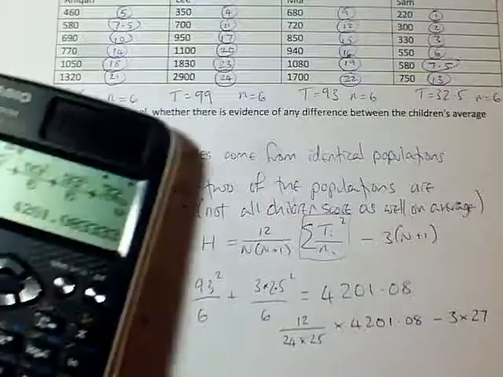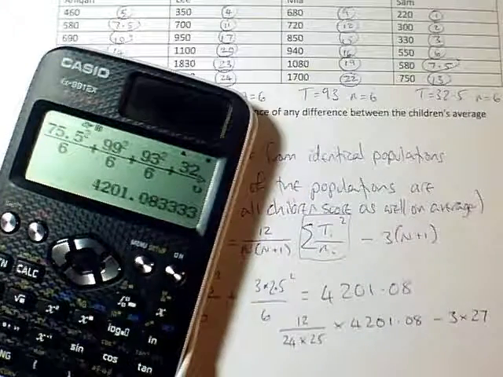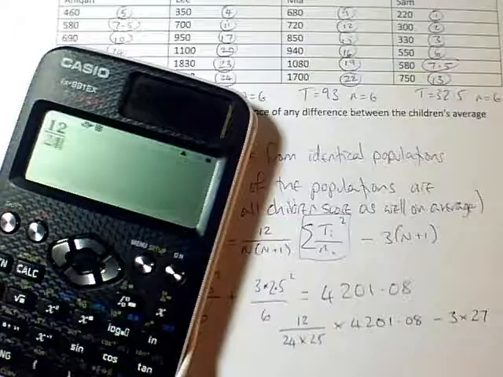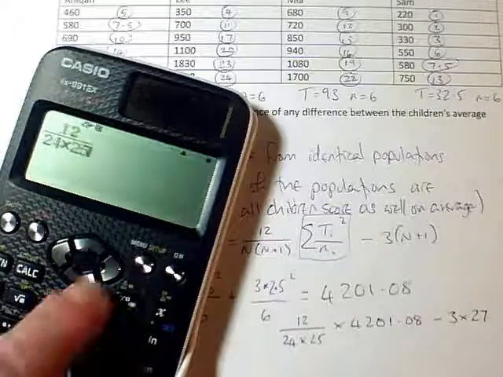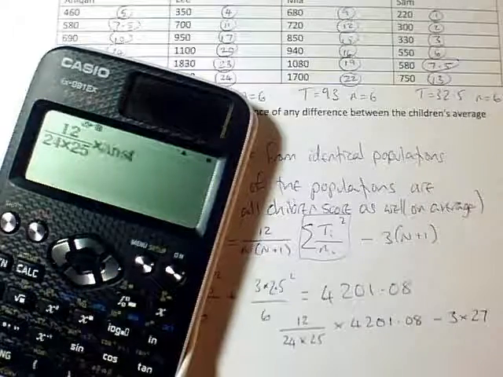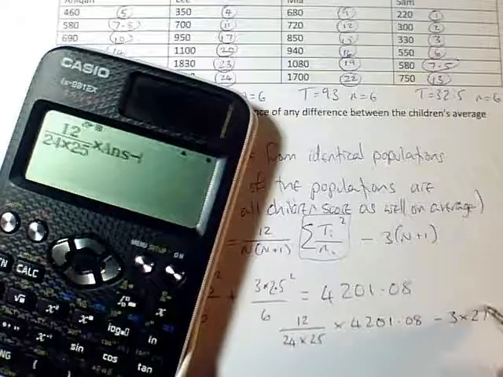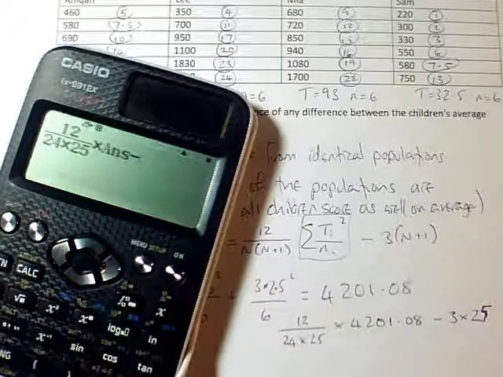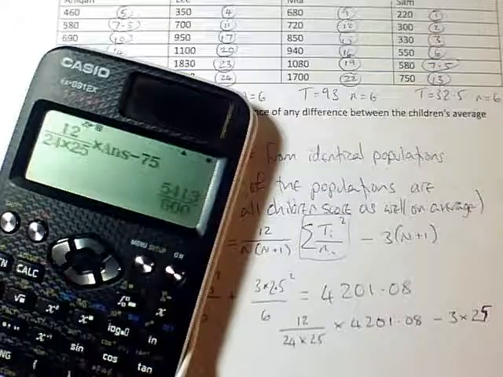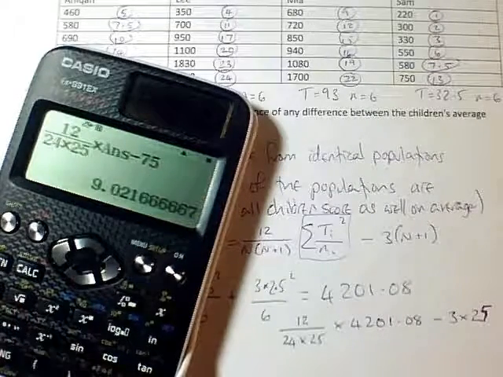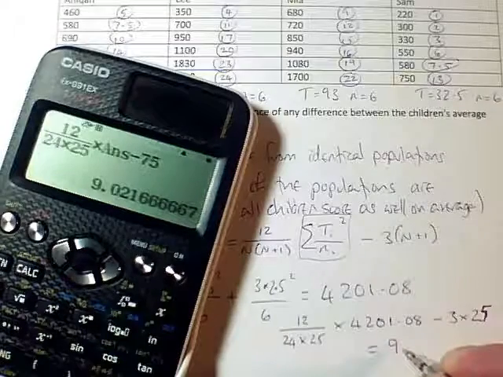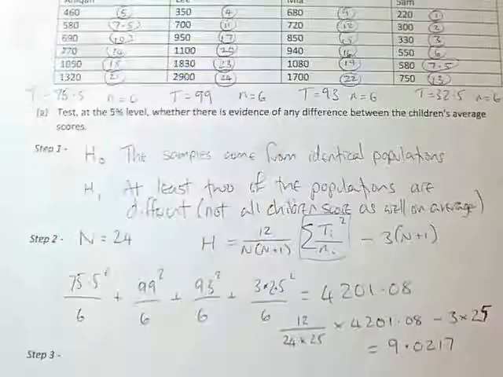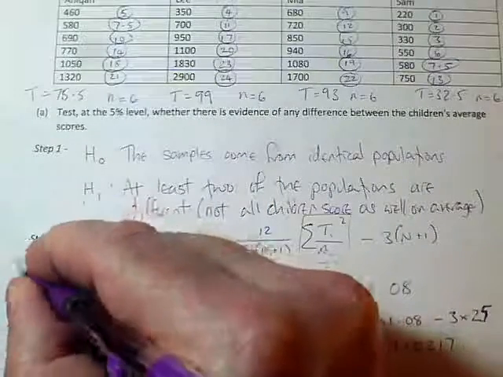So on the calculator, I can do 12 over 24 times 25 times my previous answer, minus 3 times 25, which is 75. So press equals, and I get my test statistic is 9.0217. Okay, so I've got my test statistic, that's step 2.